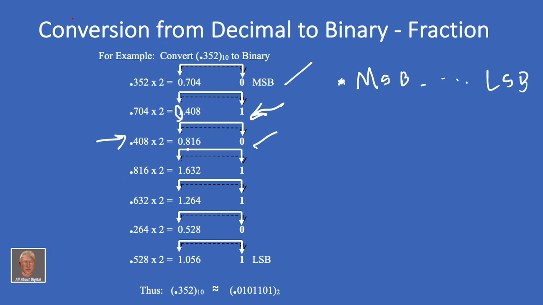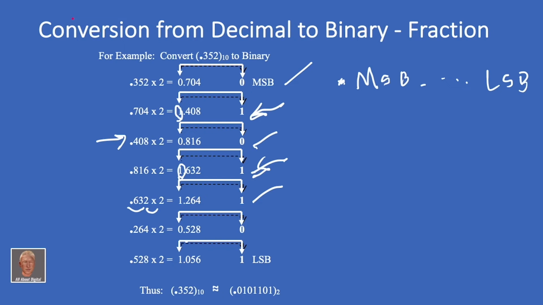Now we multiply just the fraction that's left, 0.816 times 2, and we get 1.632. Since we got a 1 right here, that 1 is written over here. Again, we take the fractional portion, 0.632, and multiply that by 2, and we get 1.264. We have the 1 again, so we get another 1.